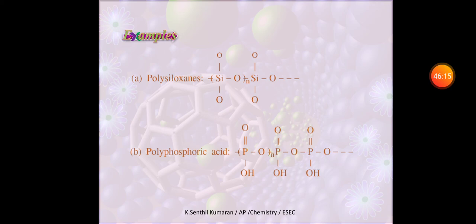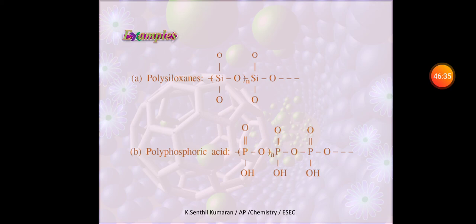These are all the best examples of inorganic polymers. Here there is no carbon atom. Without carbon atoms, the inorganic elements like silicon and phosphorus polymerize to form the macromolecule.